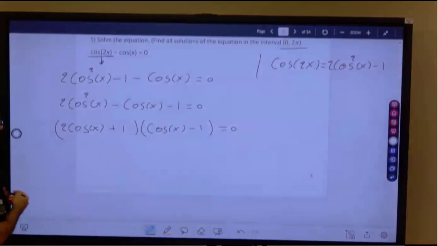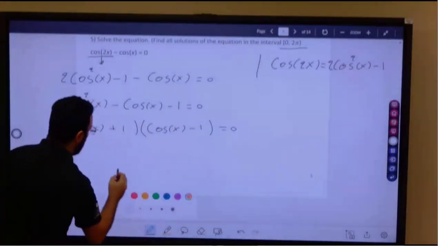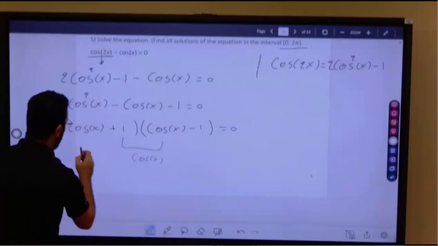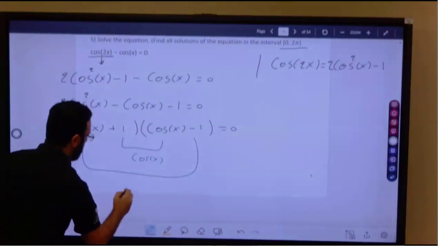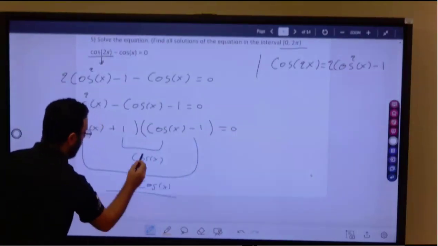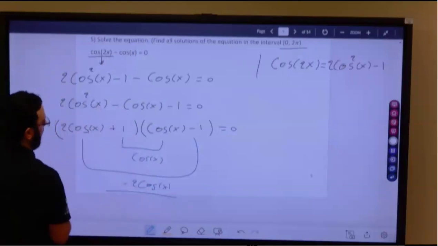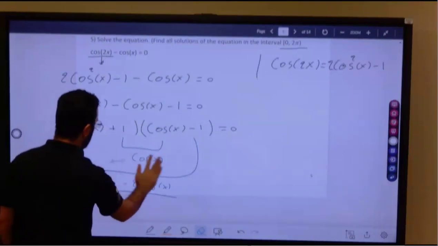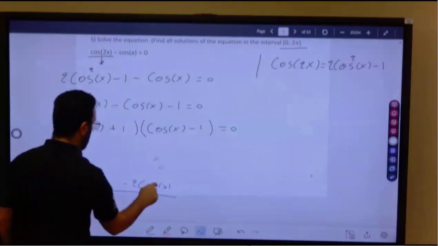And let's check. We need to check, is that right? If you multiply 1 times cosine, it's going to be cosine x. If you multiply these, it's going to be negative 2 cosine x. And add these together, it's going to be negative cosine x. So this one is going to be right. I'm choosing the right options.